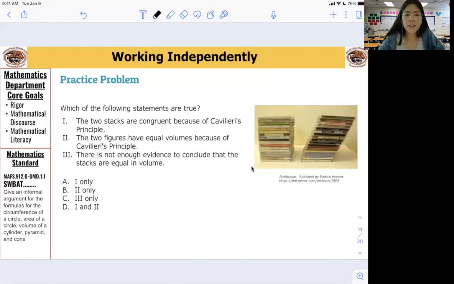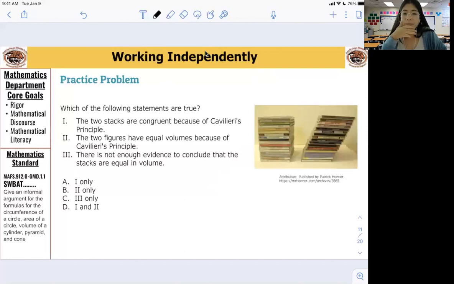I'm waiting on at least 3 more. Read them carefully and take about 30 more seconds. All right, I need way more participation than that, y'all.